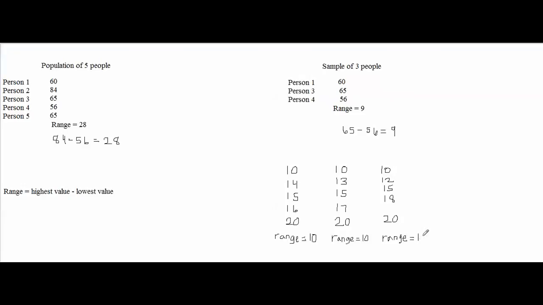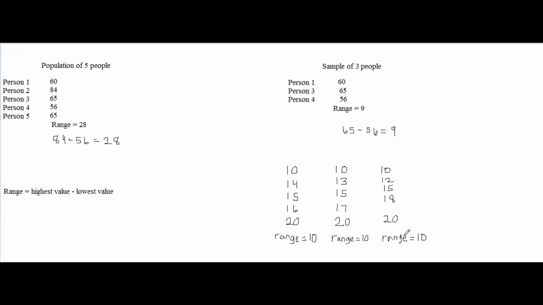So even though the overall amount of dispersion is going up as we go from left to right, the range isn't changing. Even though these lists of numbers have different amounts of dispersion, they all have the same range. And that's a problem with the range. Sometimes even though the amount of dispersion is going up, the range won't change.